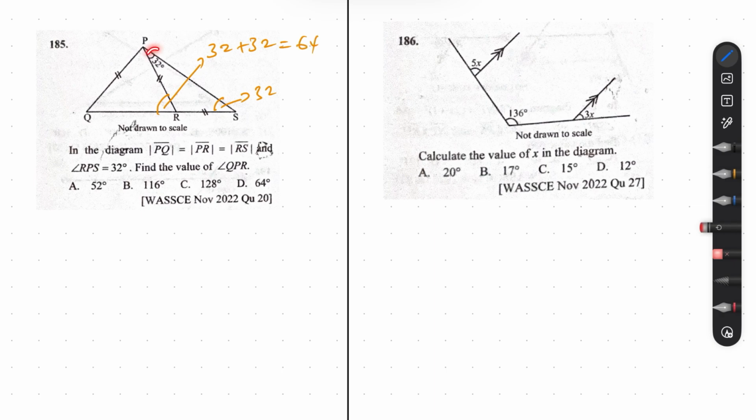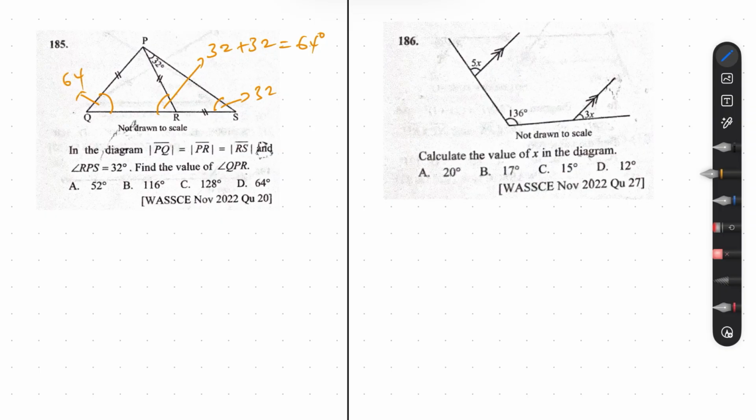Now looking at this triangle, it's an isosceles triangle, right? That means two angles will be the same. So since we know this angle to be 64, this angle will also be 64. So let's put that there.